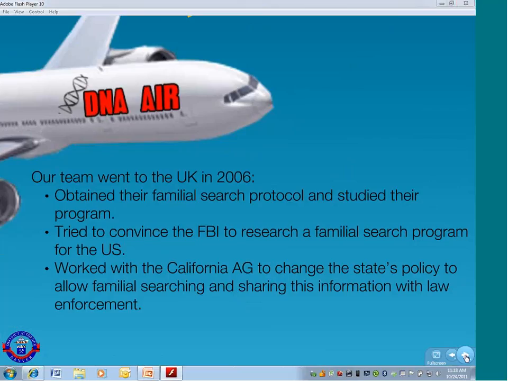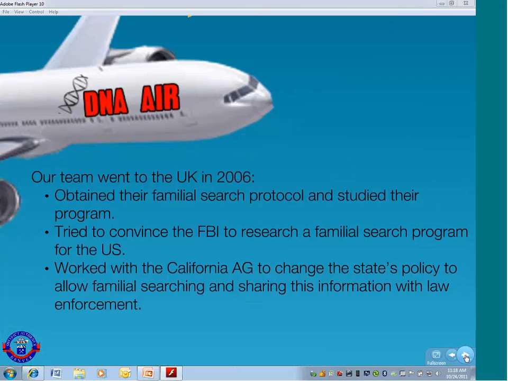We came back and tried to convince the FBI to research familial searching in the U.S., and they weren't interested in doing that. We were in the middle of conversations with California about changing their policy to allow familial searching, and were able to convince then Attorney General Jerry Brown that he needed to change that policy.